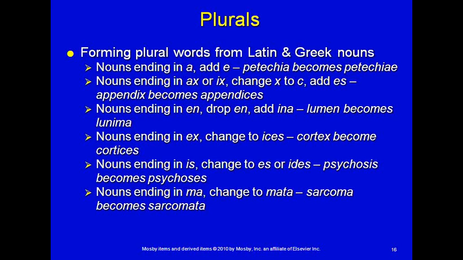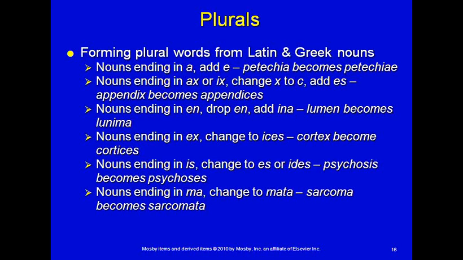So as an example, appendix: if we're talking about a single appendix in a book, and we want to make that plural because there are more than one, as in your state protocols, we have Appendix A, Appendix B, Appendix C, and if we want to include all of those in its plural form, they become appendices.